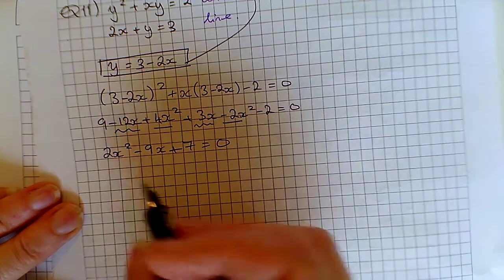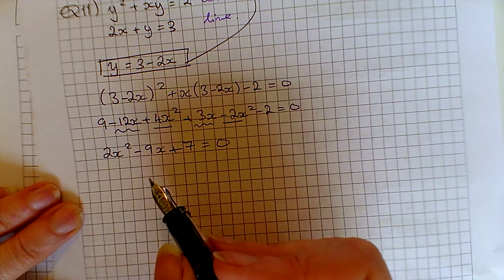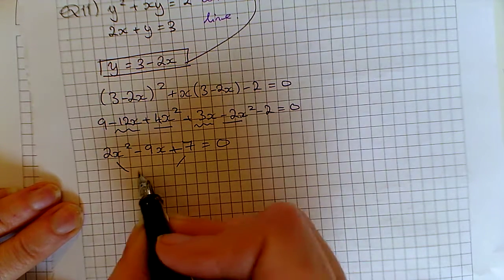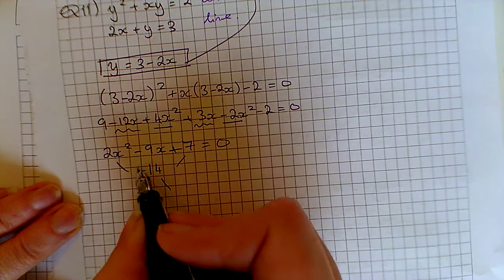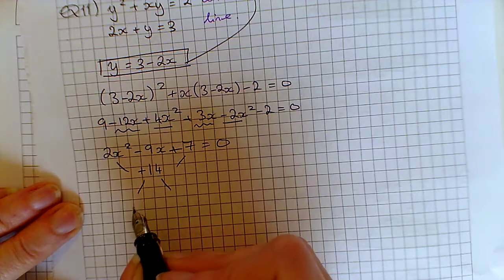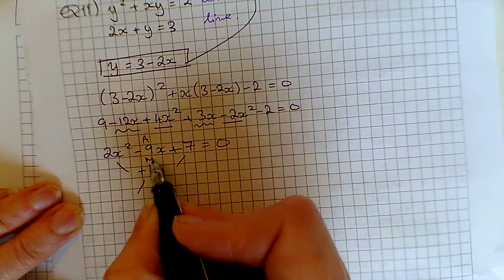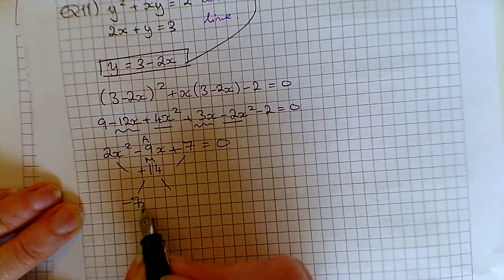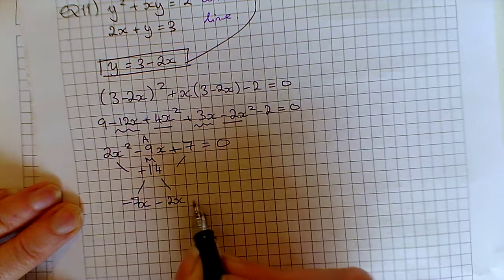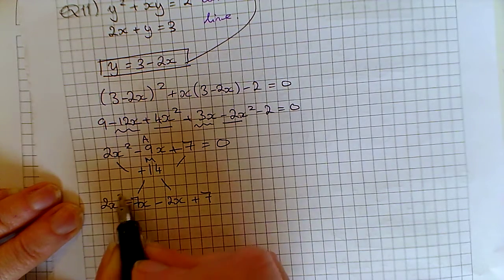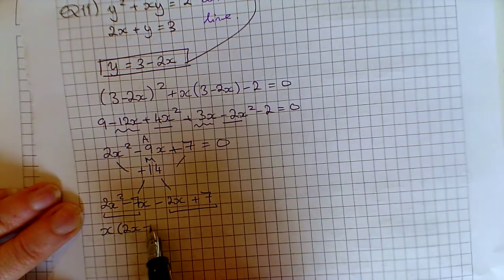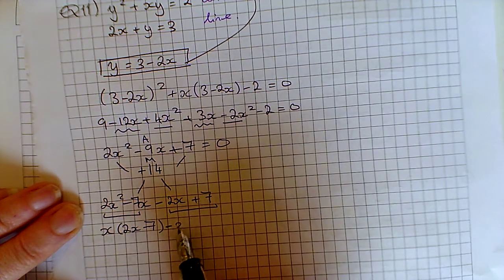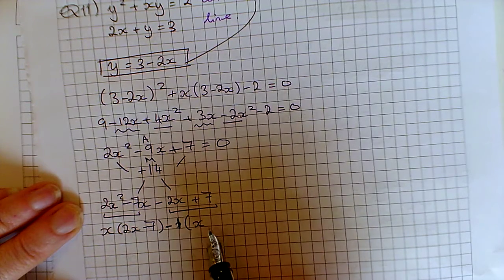So I can go looking for factors. Just to do it a little bit differently, we could rewrite minus 9x as minus 7x minus 2x, and then factorize that by grouping: x by (2x minus 7) minus 1 by (2x minus 7).